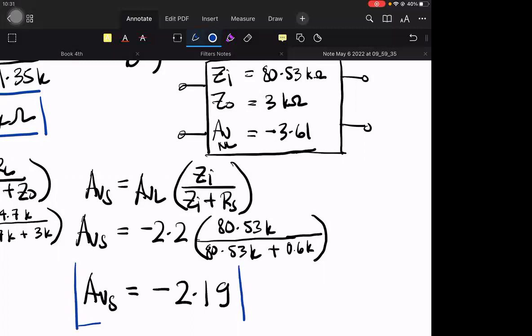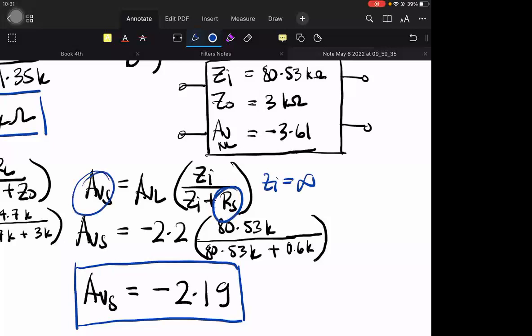So the idea here is that in ideal conditions, when ZI is a very large value, infinity, RS will not affect our gain. This case is an example of an ideal condition.